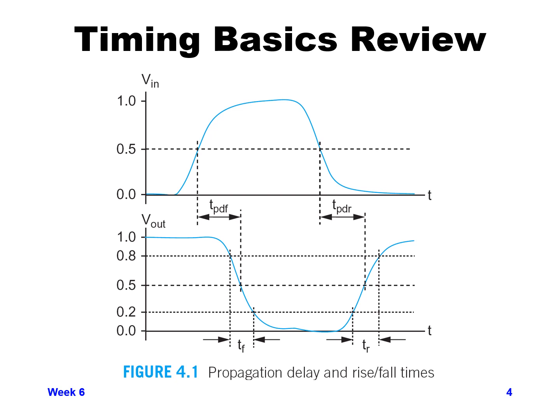So this figure here is just showing graphically what we went through in the last slide. The top waveform is the input to a gate. The bottom waveform is the output. When the input is rising and it crosses its 50% point, the output will eventually start falling.